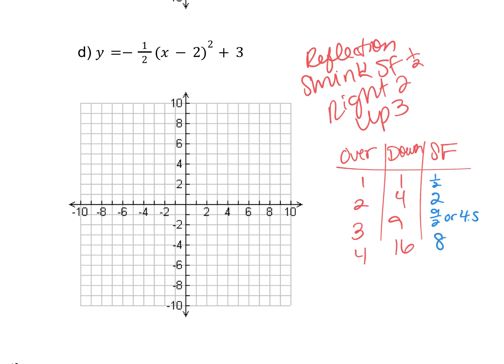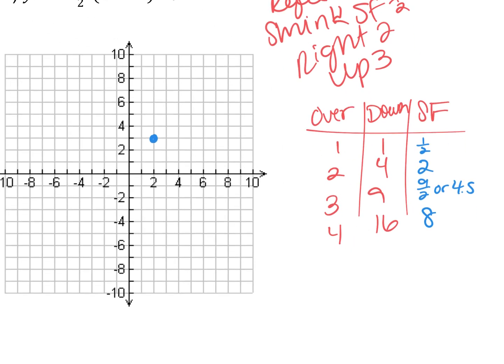Okay, so let's graph it. We got to start right 2, up 3. There's your vertex. Then we got to go over 1, down 1/2, over 2, down 2, over 3, down 4.5.